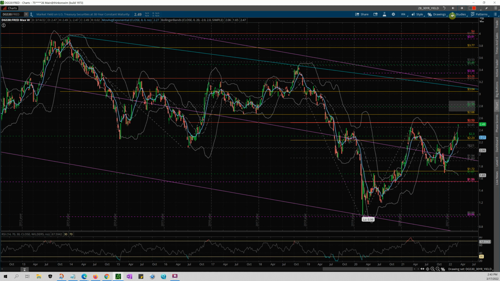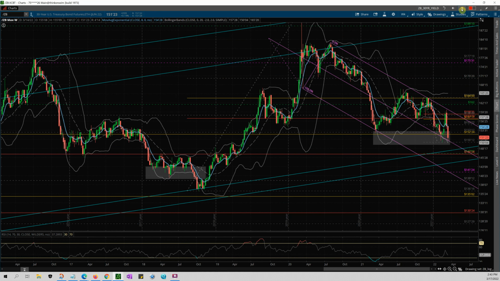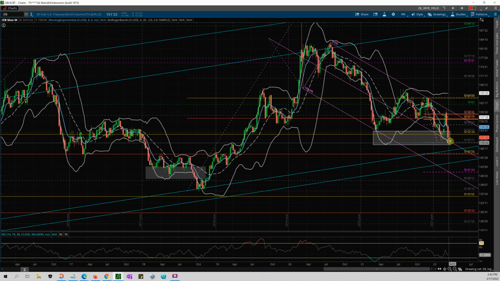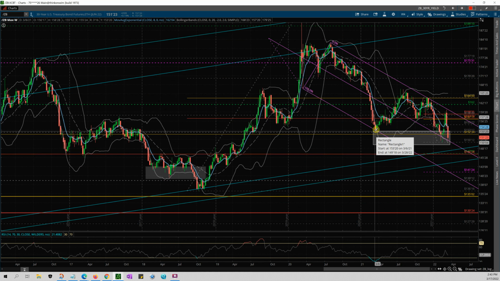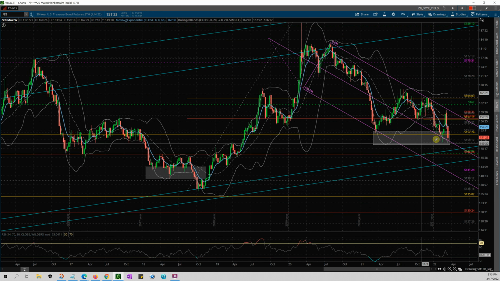So depending on where yields are going to stop, ZB could, in theory, come down and even capture its 618 target and punch the bottom of this pink channel on its fifth wave, just like it did here on its third wave. So there's some possibilities. We could find support here.